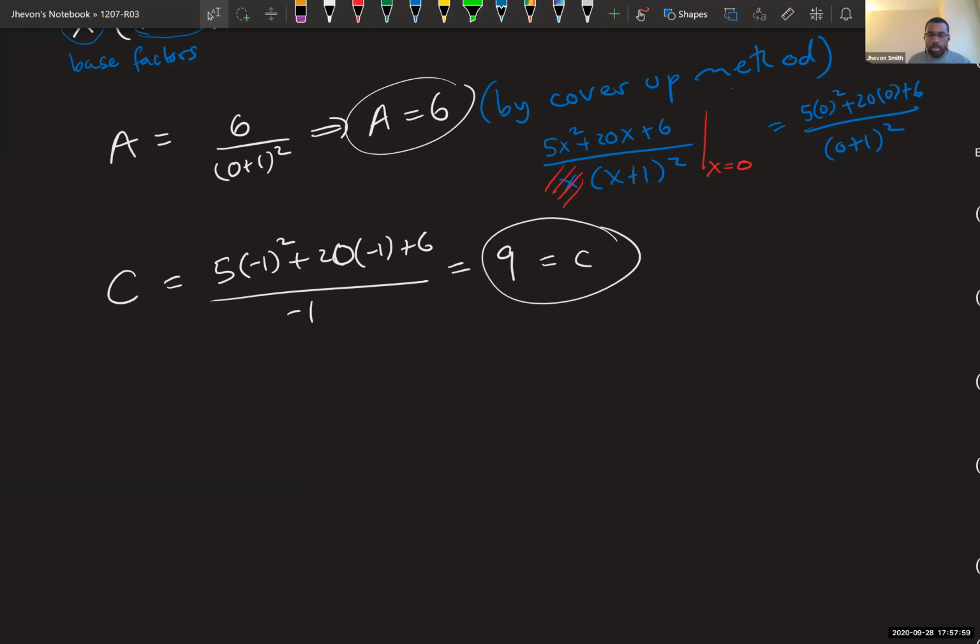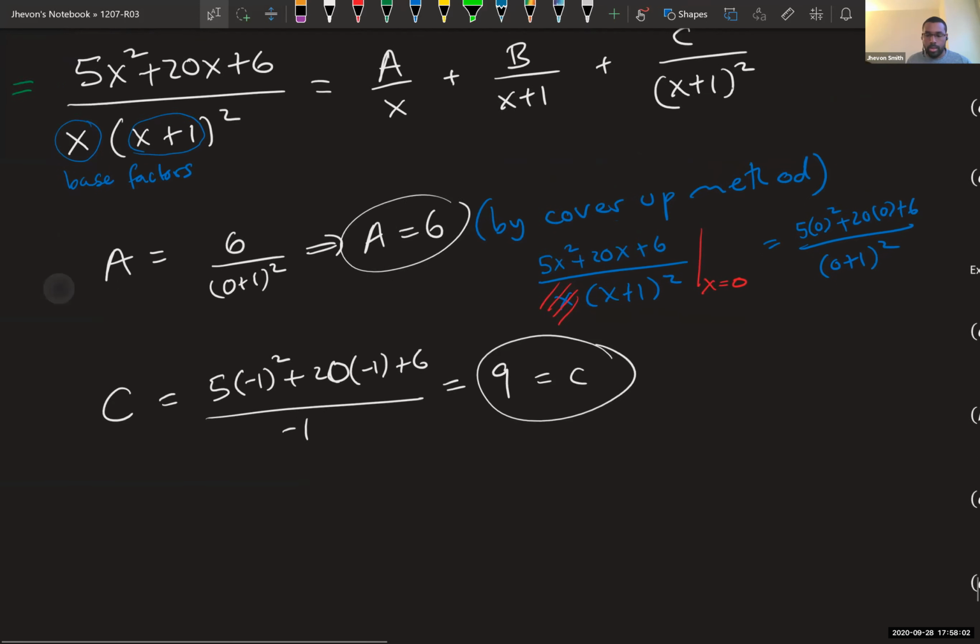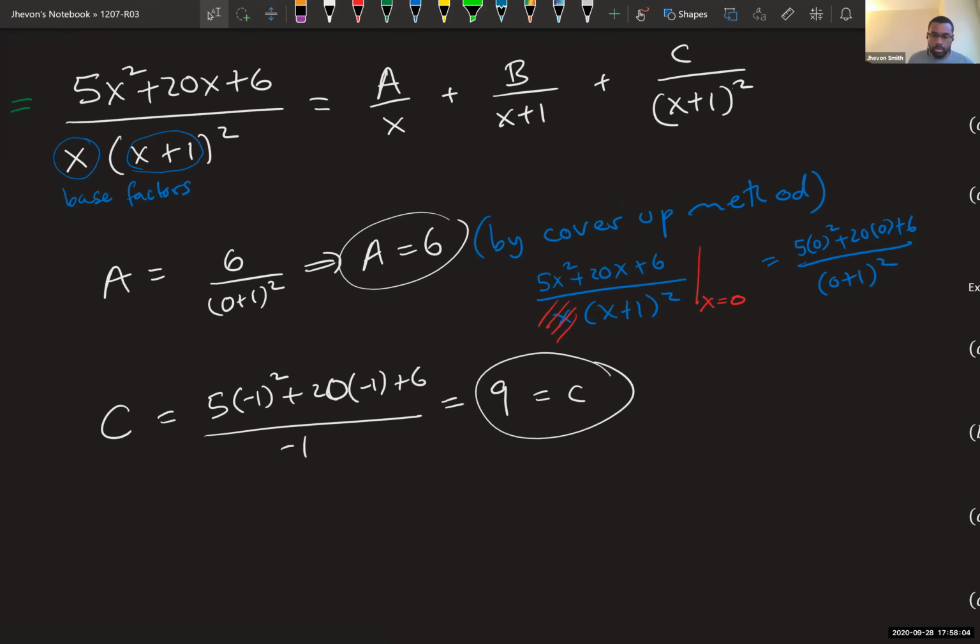After I got A and C, I had to get B, but you can't use the cover-up method for that one. So what I did is I multiplied both sides by the denominator. What did you get on the left and on the right? I plugged A and C in initially.